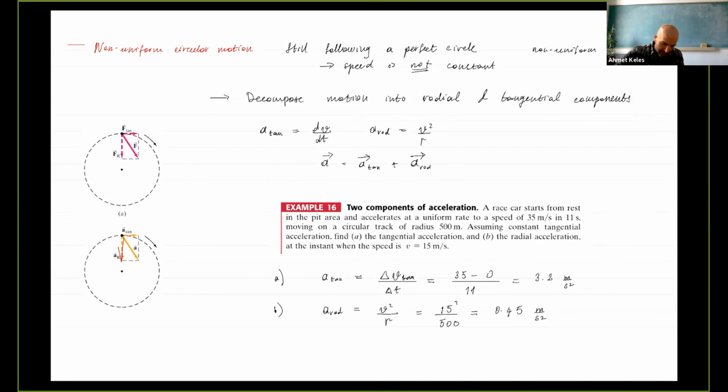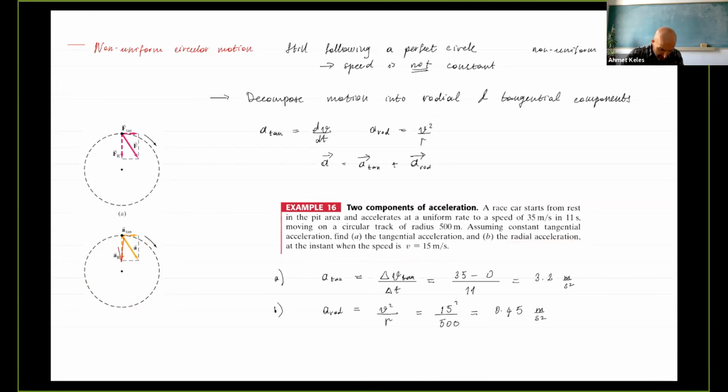Part B, can you explain? Yes. The problem is something like this: you start from rest and you speed up, and as you speed up, your tangential velocity increases. Your speed here is 0, then bigger, bigger, and bigger. And the problem asks, what is the radial acceleration at the instant?